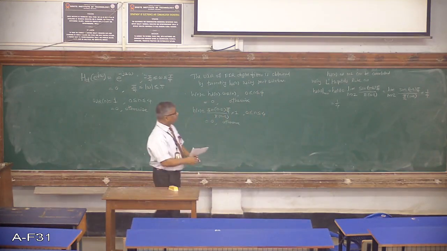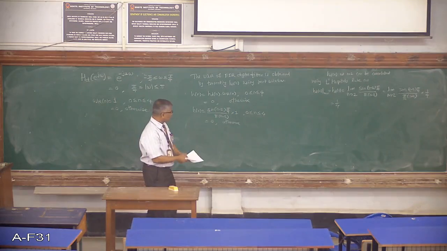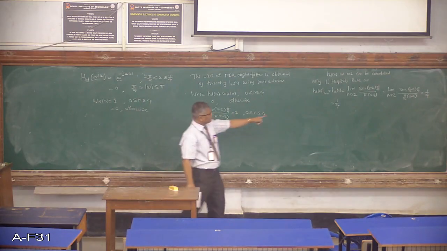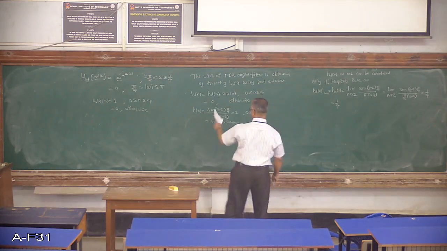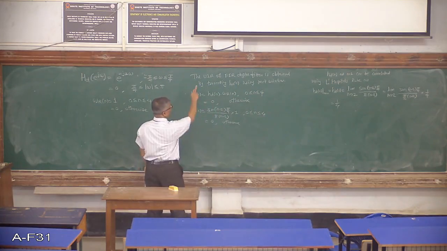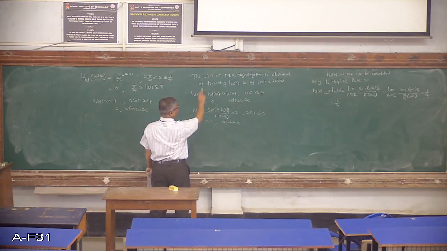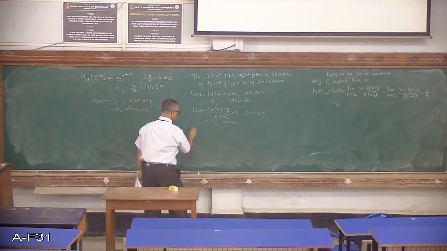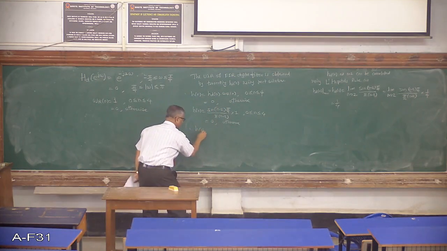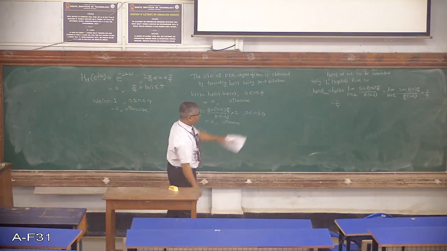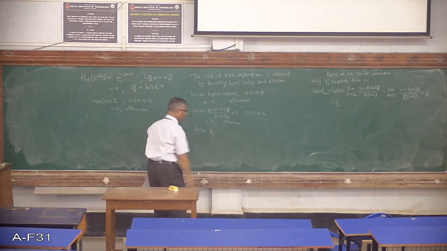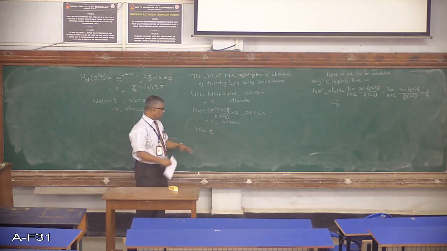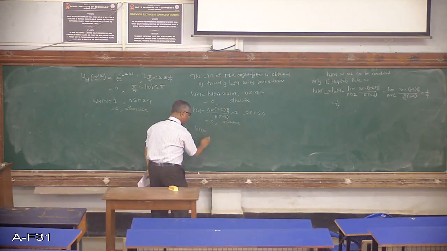Already we have computed HD of n at n equal to 0. The unit impulse response of the FIR digital filter is obtained by truncating HD of n using the rectangular window. So this is what you got now. We have to find out h of 0 first.